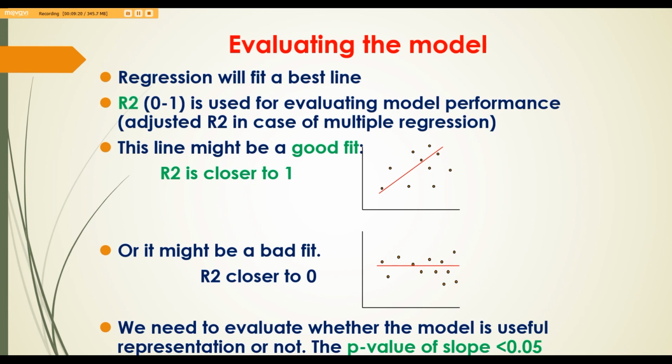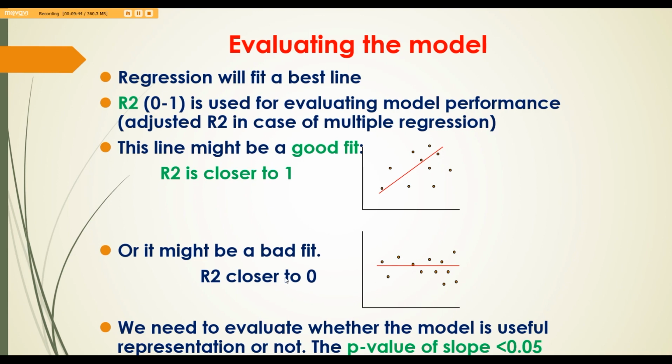So there's a very strong relationship between our response variable and the model that we have created. And if it's close to 0, then our fit is bad. So that's the first thing we do, to look at the R square value and whether it is statistically significant or not. And for that we need p to be less than 0.05.